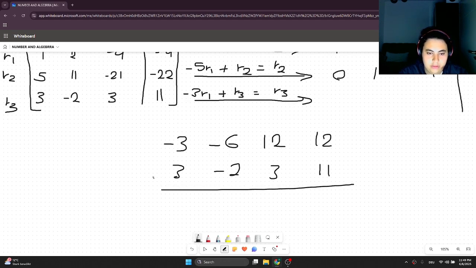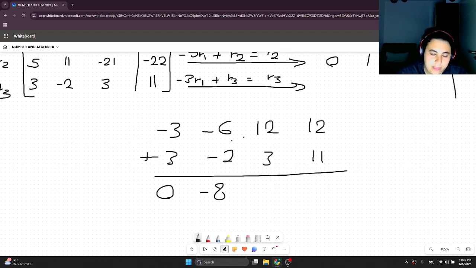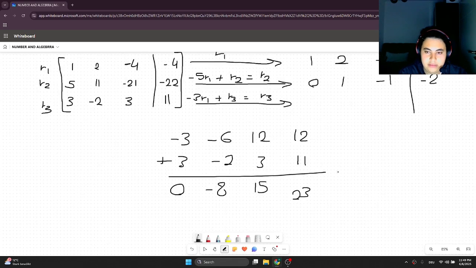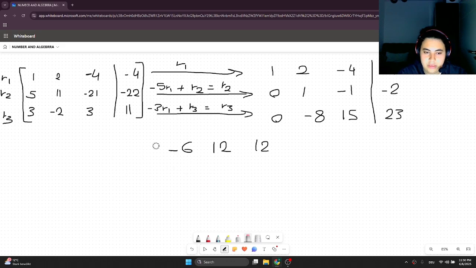Add. -3 plus 3 is going to be 0. -6 minus 2, because plus minus turns into minus, is going to be -8. 12 plus 3 is 15, and 12 plus 11 is going to be 23. So I'm going to copy that into this matrix: 0, -8, 15, 23. Perfect. So let's erase all this.